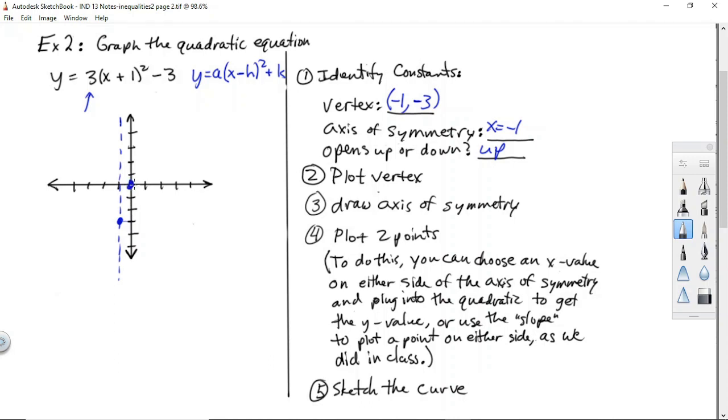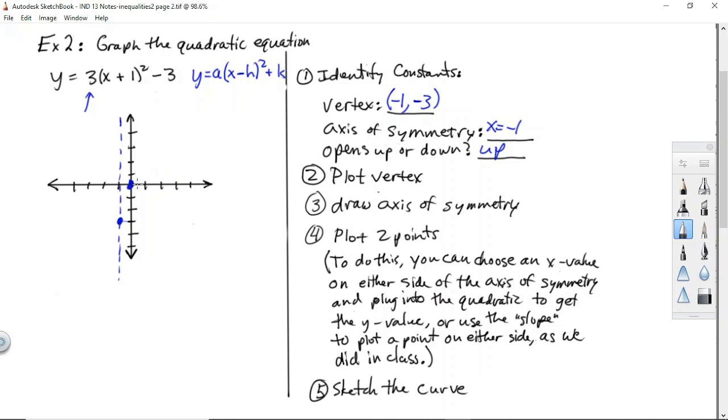So this one's really long and skinny. That's what we expect when we get a whole number like 3 or 4, something like that. It's going to be long and skinny, because the ones we're used to looking at usually have a equals 1. That's the most common.